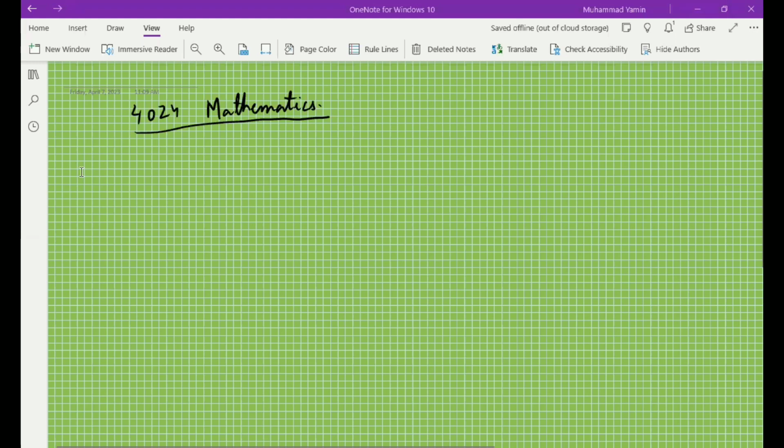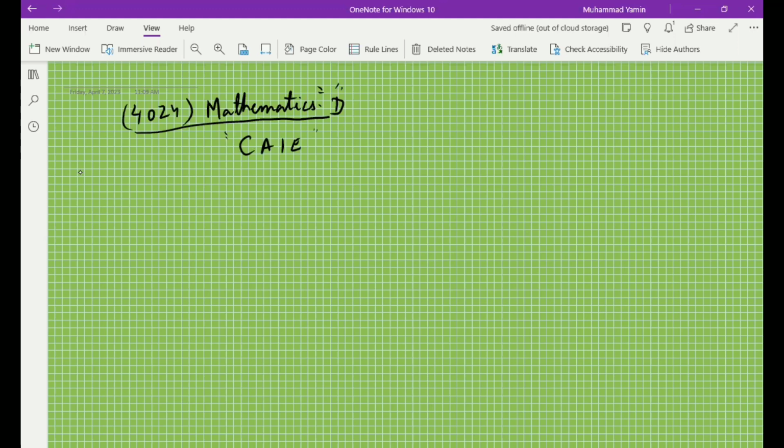You are already aware that the students appearing in the mathematics Syllabus D 4024 code are appearing in the CAIE examination, Cambridge Assessment International Examination.